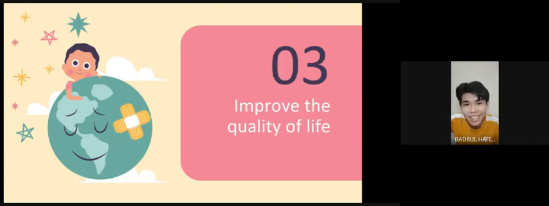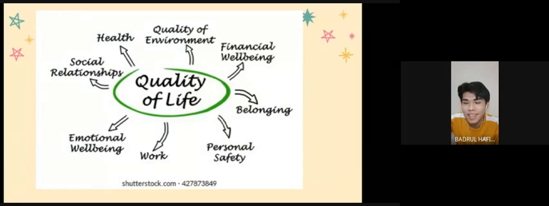So number 3 is improve the quality of life. Next slide. Okay. When we use green technology, it actually improves our life, for example the quality of life and the quality of the environment. Our environment will be cleaner and less polluted, and there is financial well-being.